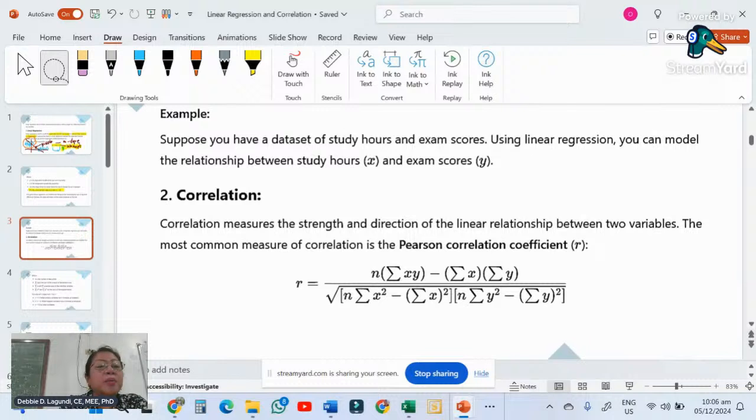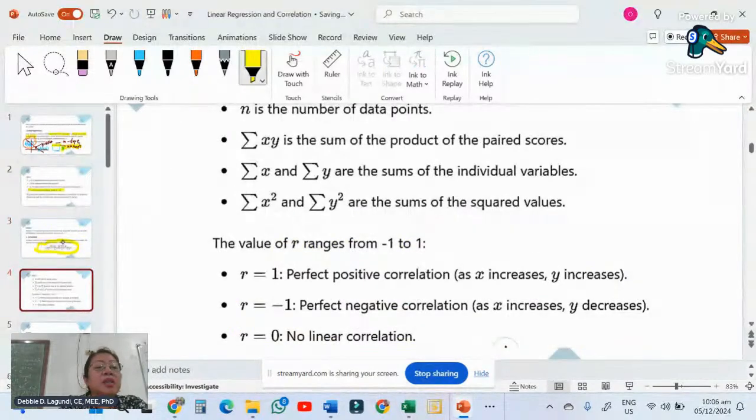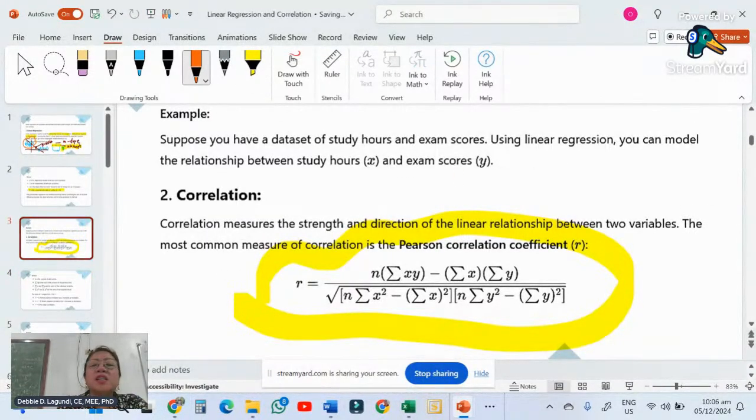Okay, all right. So this is the correlation formula. It has big numbers and a lot of things going on in this formula. This is the correlation formula, and this is the line of regression.